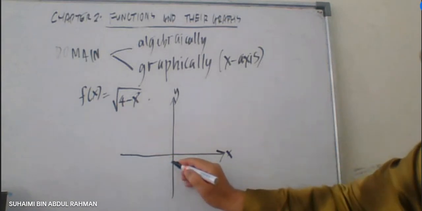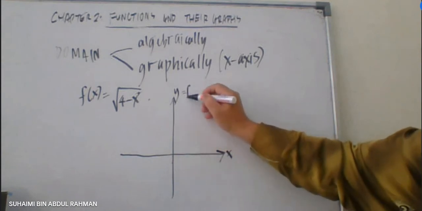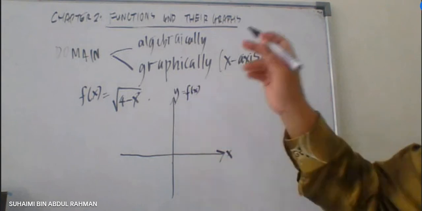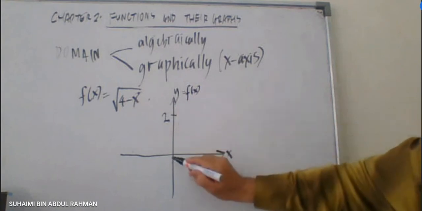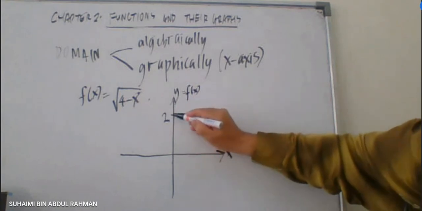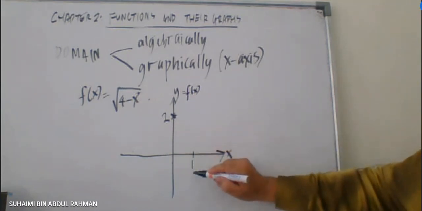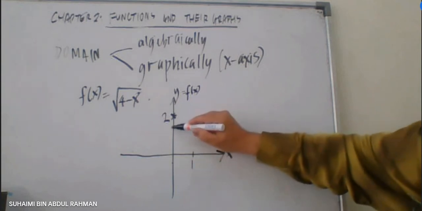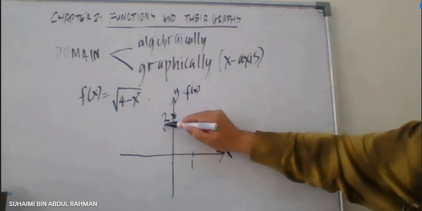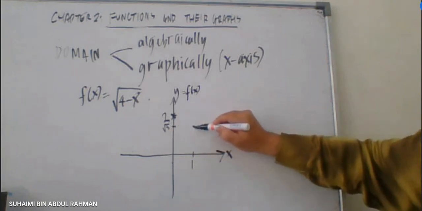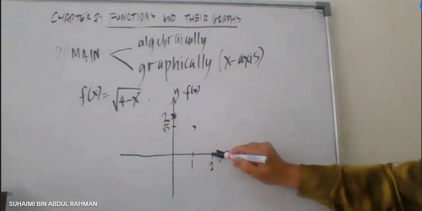When x is 0, y is f(x), which is 2. When x is 1, it's the square root of 3. When x is 2, y is 0.